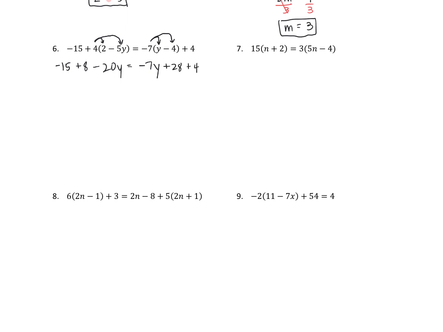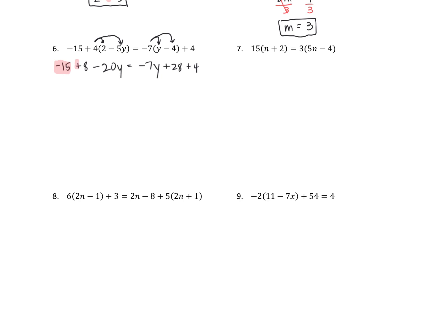So distributing the 4, 4 times 2 is 8, and 4 times negative 5y gave us the negative 20y. And on the right-hand side, negative 7 times y is negative 7y, and negative 7 times negative 4 is positive 28. Now we want to continue to look at each side and see if we have like terms.